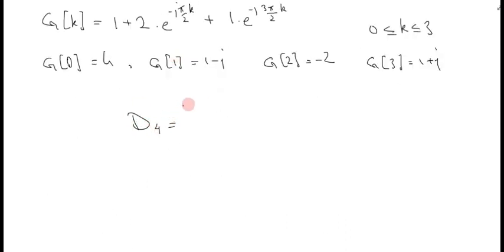So using the above matrix, it will be equal to 1 1 1 1, 1 minus j minus 1 j, 1 minus 1 1 minus 1, 1 j minus 1 minus j.